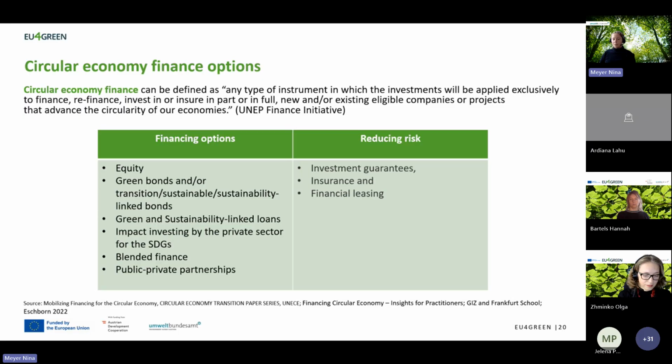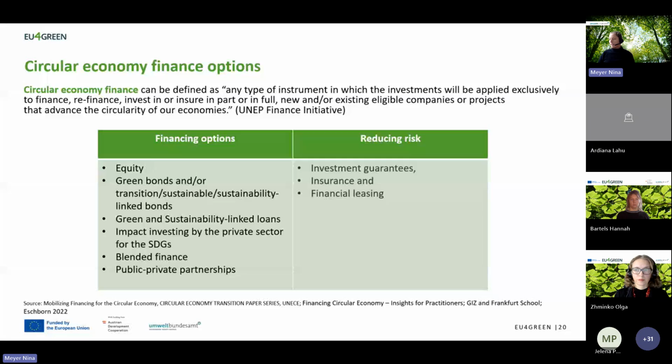And then we have green and sustainably linked loans, which are very common financing options, usually for traditional or larger scale projects or investment programs.